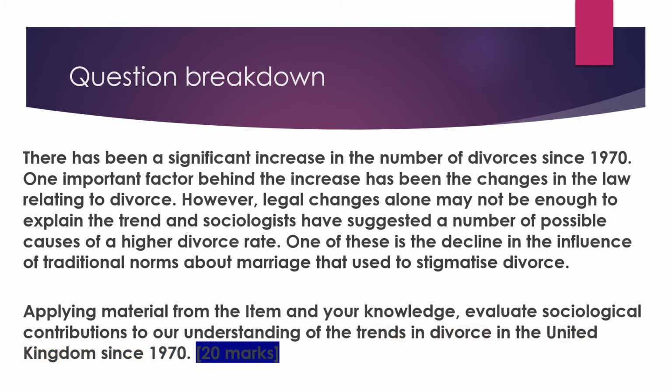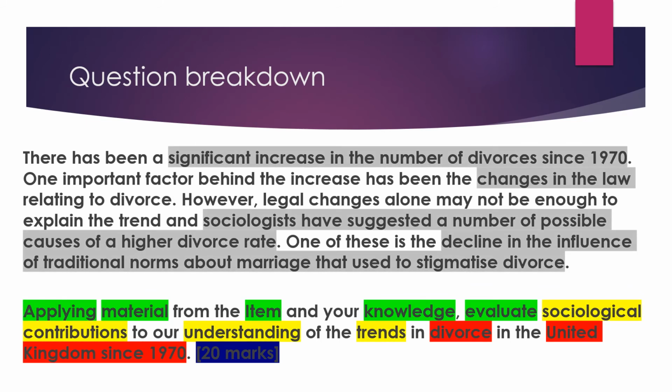It's a 20 marker. So as I said, we need 30 minutes, 4 paragraphs, an intro and a conclusion. Looking at the item itself, there are some key facts, key starting points. The item tells us that divorce has significantly increased since the 1970s, which is a fact in itself. We've got changes in the law being cited for part of the increase.